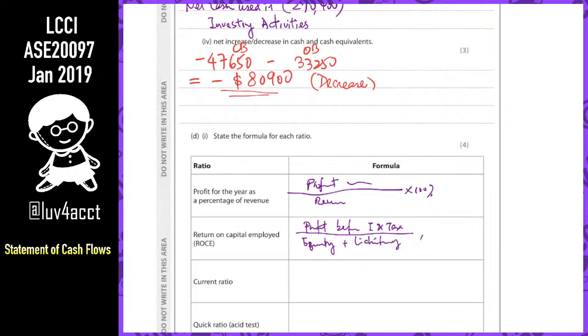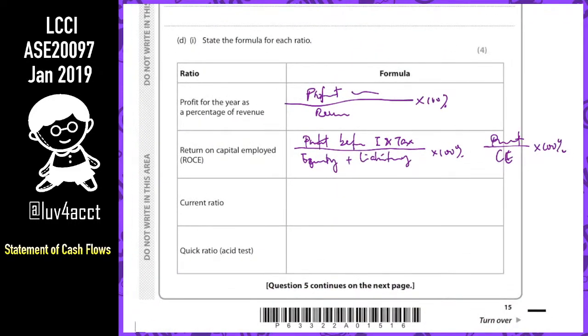I can tell you that the mark scheme only gives you profit for the year over total capital employed. I think it is not a good answer, but I just give you what is given in the mark scheme. So here this longer version is what I prefer.